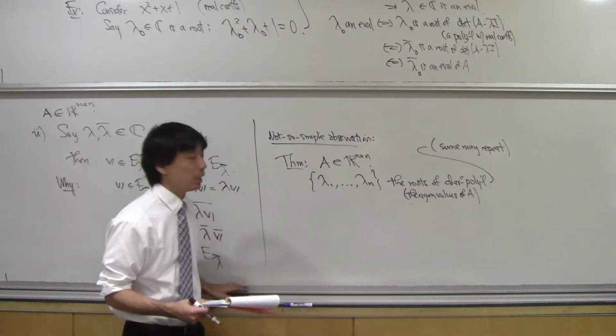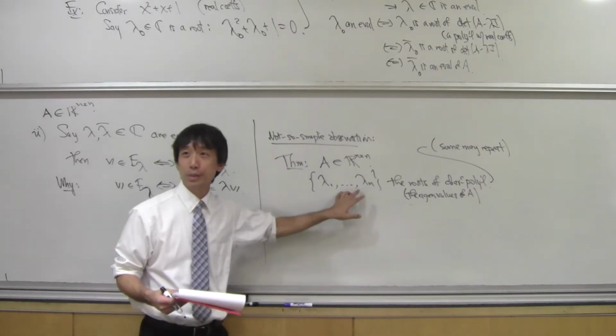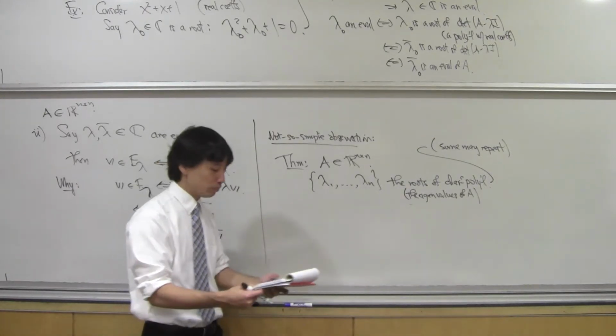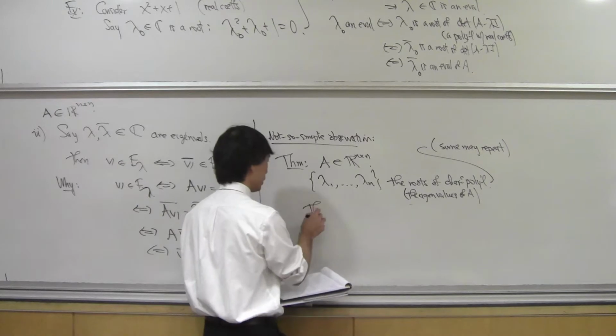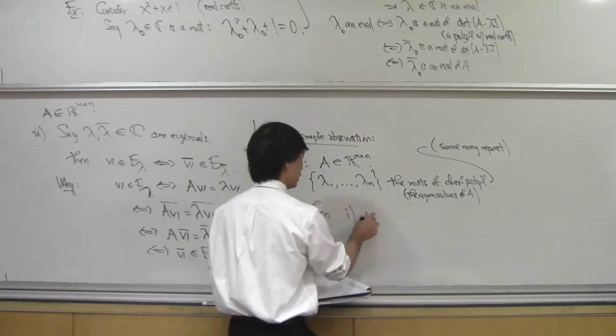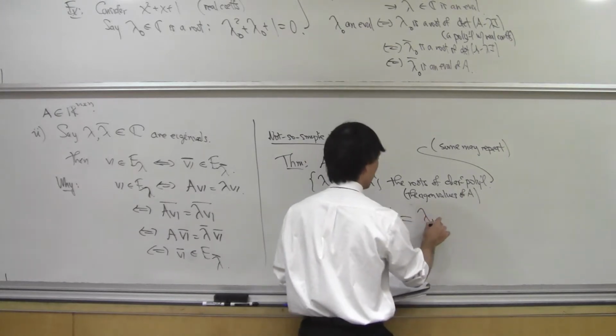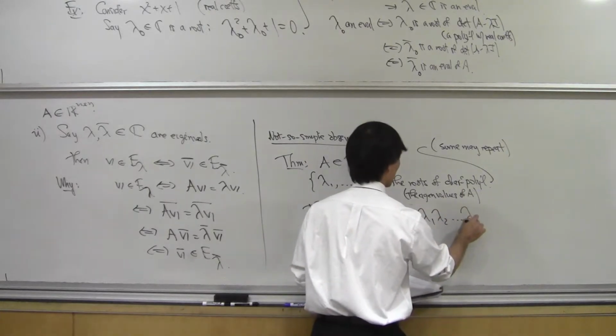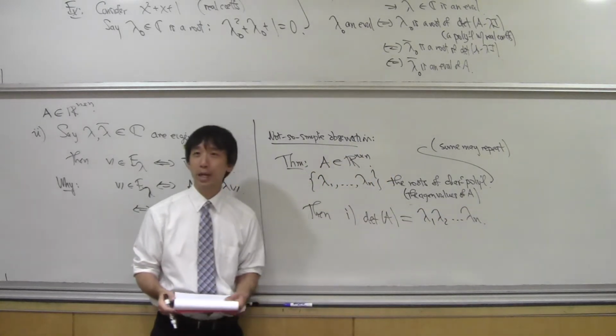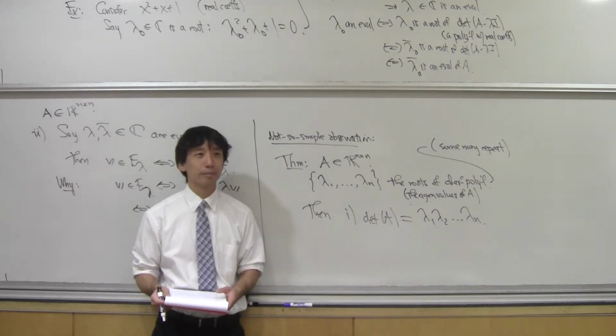So you have all the roots, some of them may be repeating. Then something cool happens. The determinant of A turns out to be equal to the product of the eigenvalues.